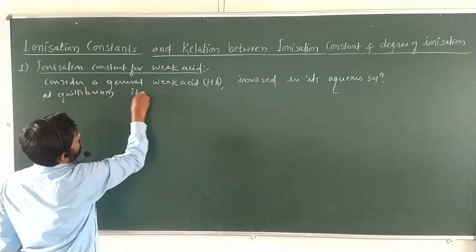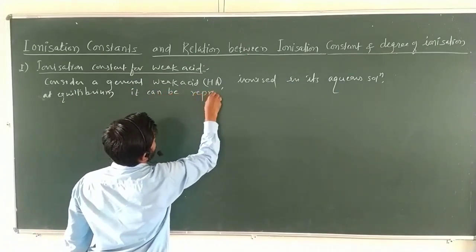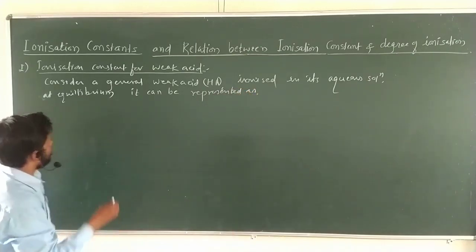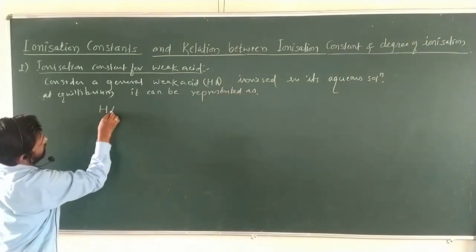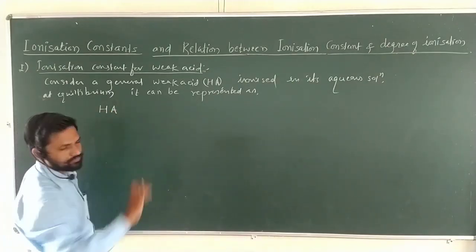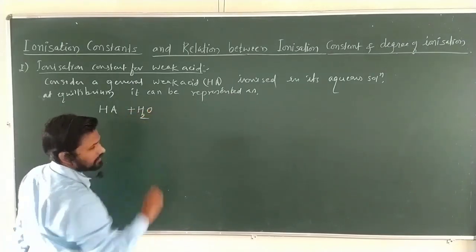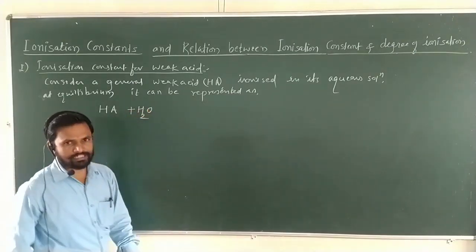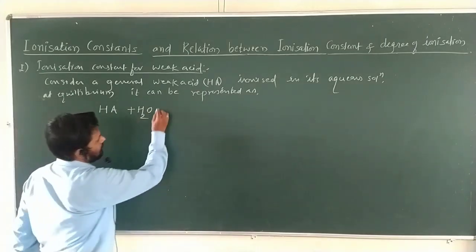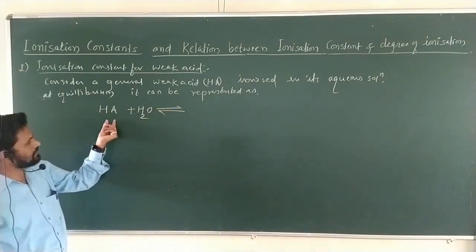It can be represented as follows. Here we are considering the weak electrolyte or weak acid HA, which is ionized in its aqueous solution, H2O. It is at equilibrium. As we know, at equilibrium we have to show both the forward as well as the backward reaction. HA is a weak electrolyte.